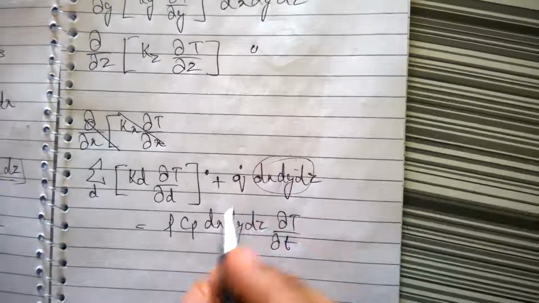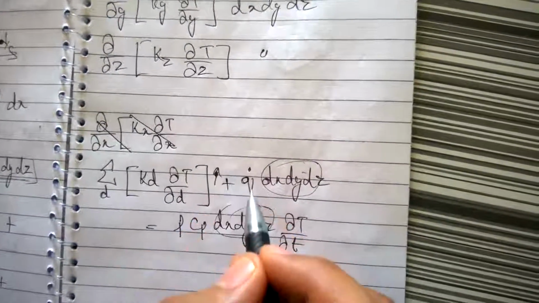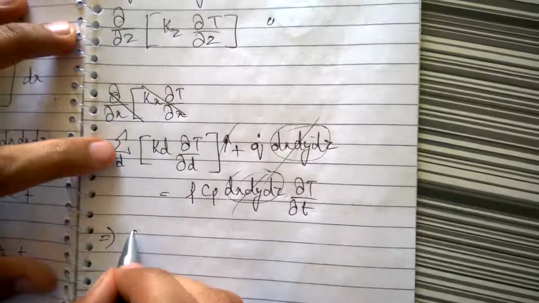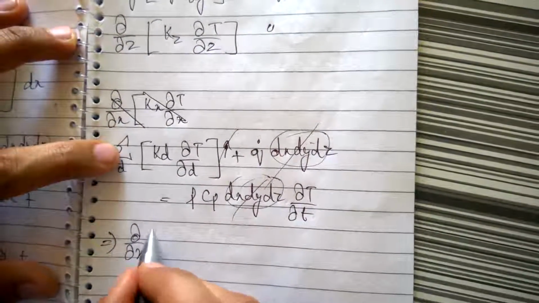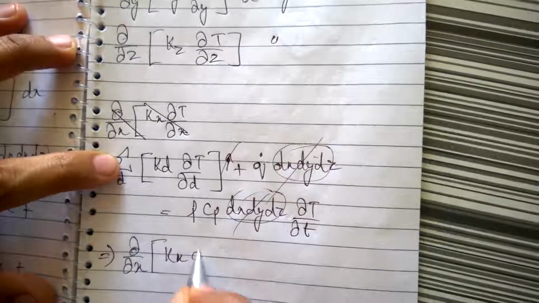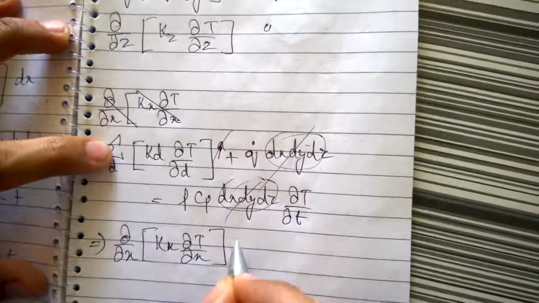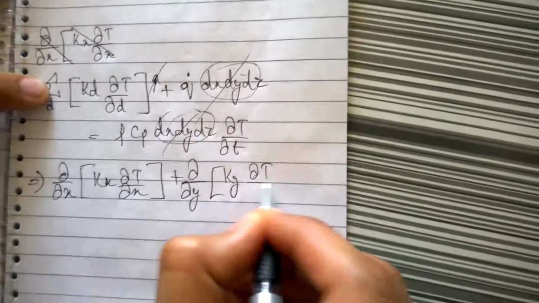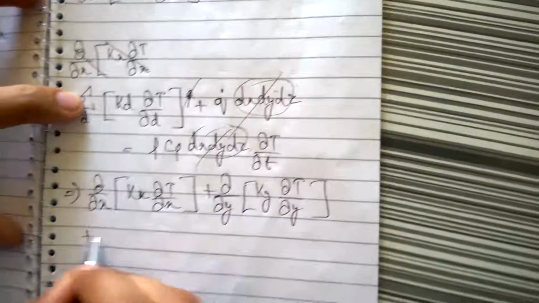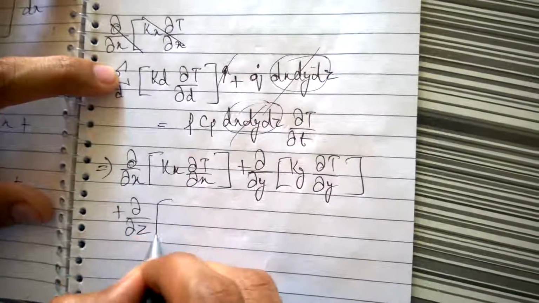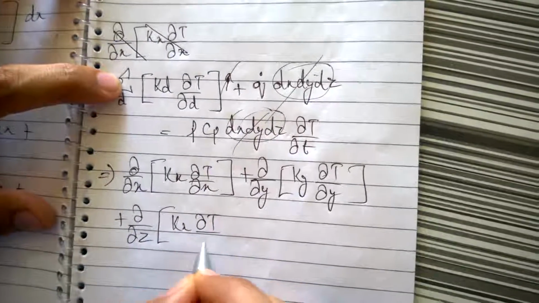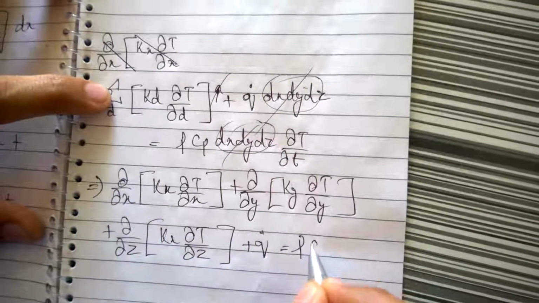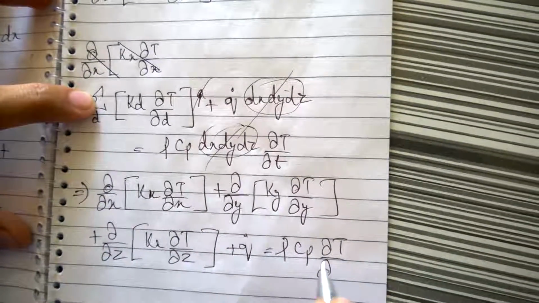You see, this volume term is common, and here there is again a volume term, so all these three get cancelled. So what you obtain at the end after such a long process is ∂/∂y (ky ∂T/∂y) plus ∂/∂z (kz ∂T/∂z) plus q dot equal to ρ cp ∂T/∂t.